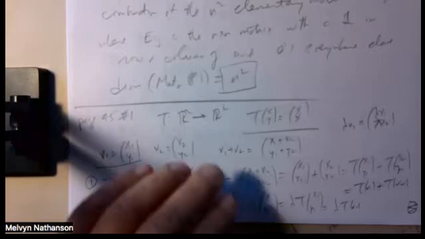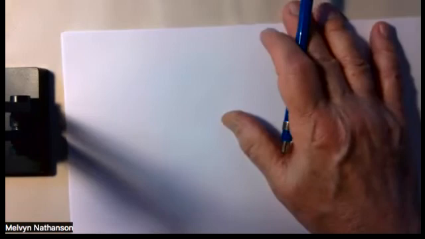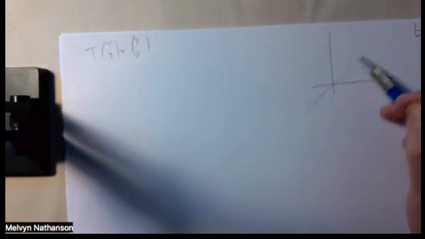So this T is a linear transformation, and we want to find its kernel and its image. So this is T of XY equals XX. This is my linear transformation. By the way, geometrically, what does this mean?